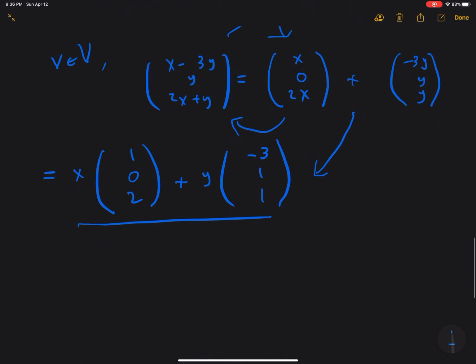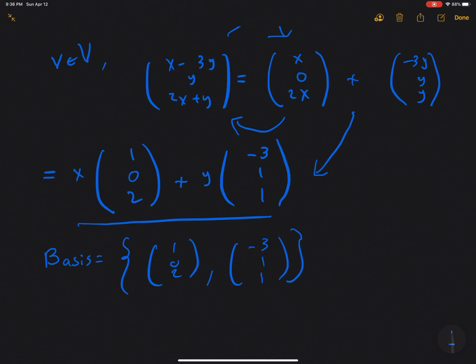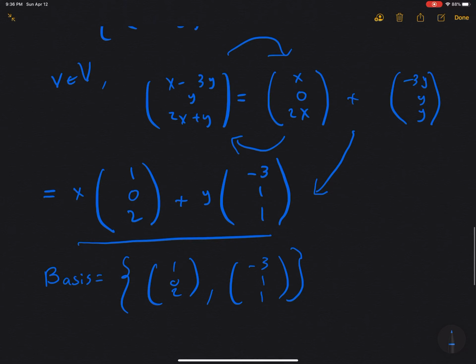This will tell me that I have two very good candidates for being the basis for this vector space. I have that these two will be two very good candidates for being bases, because we see that everything in V is generated by a linear combination of these two vectors.